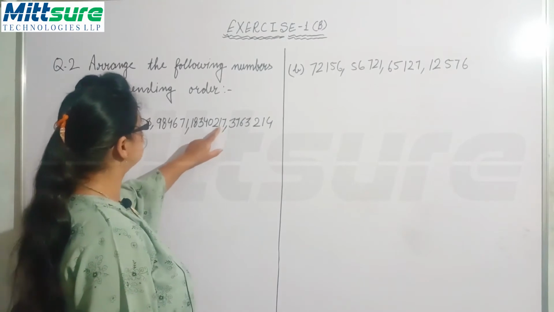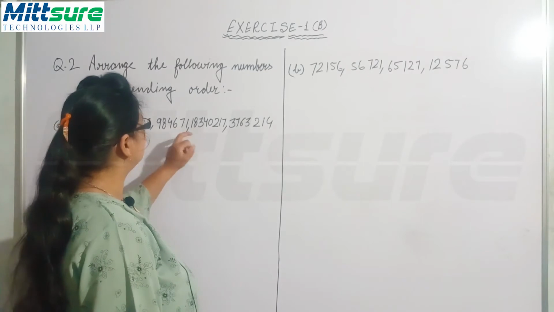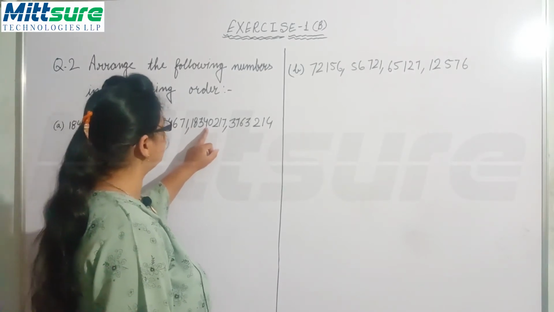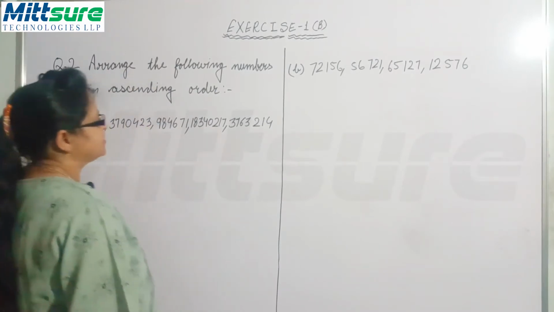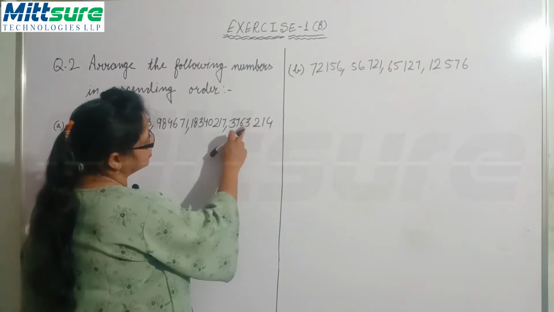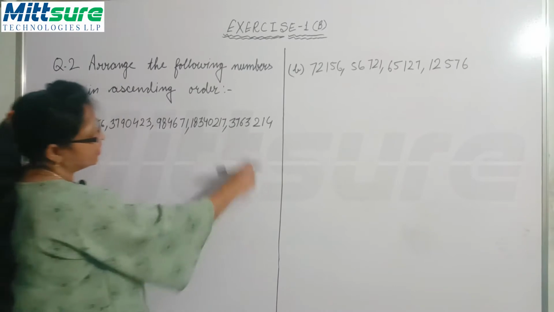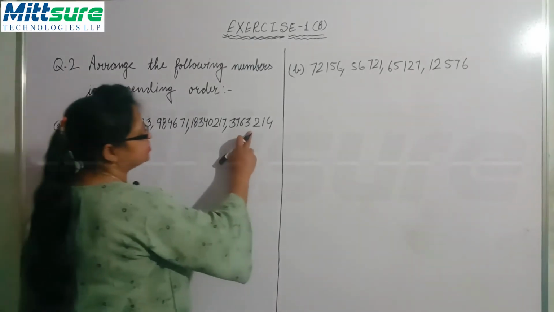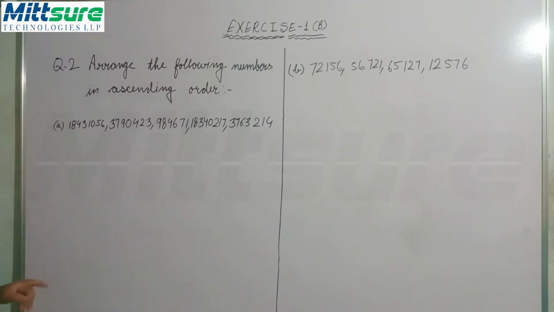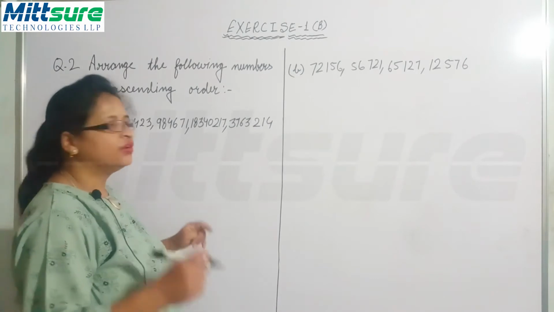This is 1 crore 83 lakh 40,217. And this is 37 lakh 63,240. Now we have to find which number is the smallest and which number is the greatest.